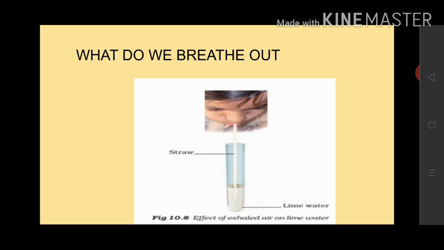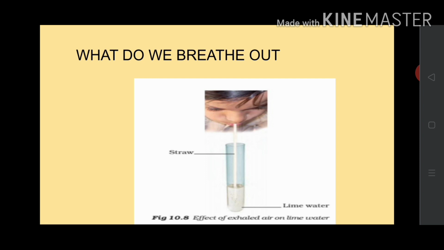You can see that a color change appears in the lime water. Do you know the reason? It is because when we exhale, some gas reaches the lime water.